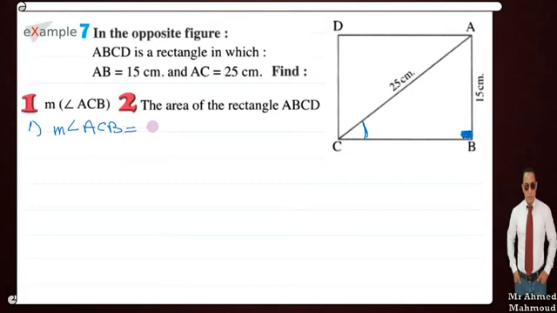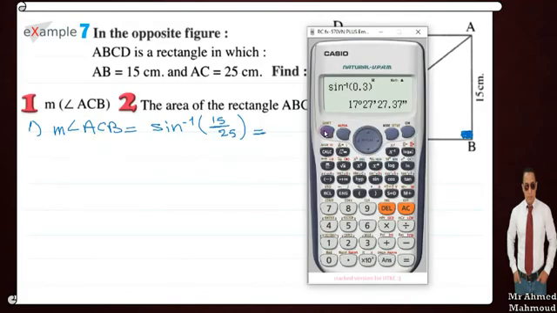The measure of angle ACB equals shift sine of 15 over 25. Don't forget to use the calculator like this: shift sine 15 over 25 equals 36.8, but I will write the angle in degrees, minutes, seconds: 36 degrees 52 minutes 11.63 seconds.